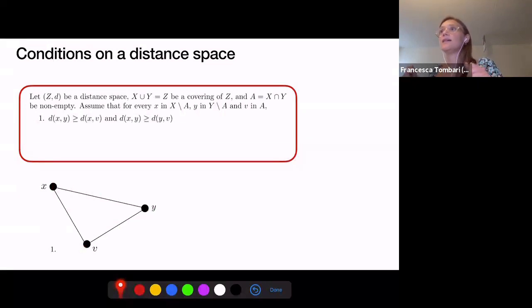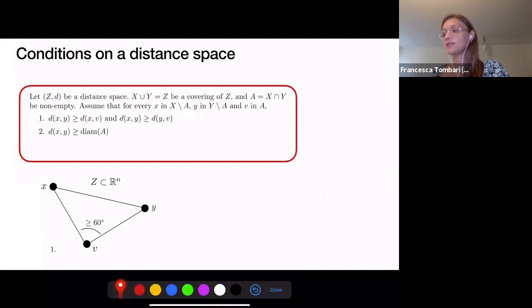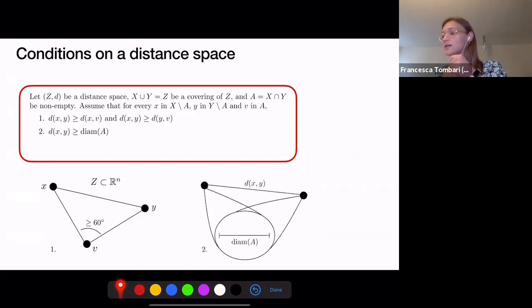It is basically saying that X minus A and Y minus A should be far enough apart, let's say. And if we were in Euclidean space, then this condition would just say that the angle formed by x, v, and y should be greater or equal than 60 degrees. The second condition says that the diameter of the intersection should be smaller than the distance from x to y. So the diameter is required to be small enough.